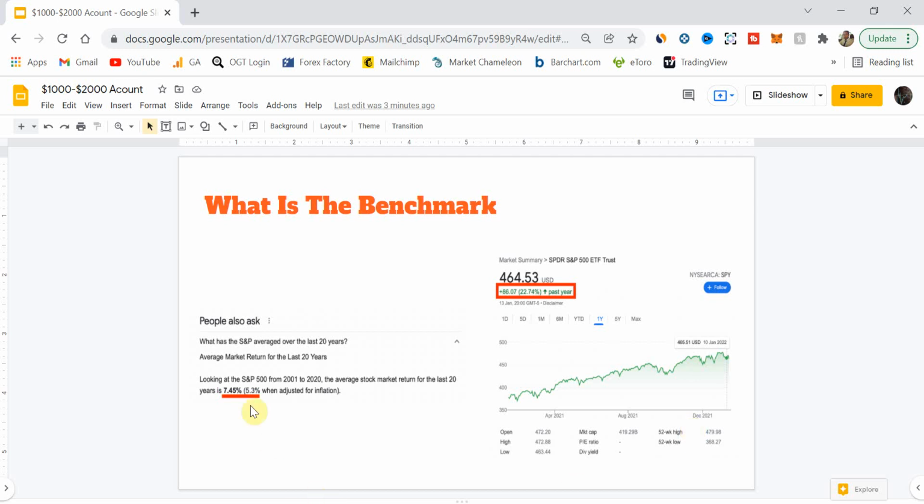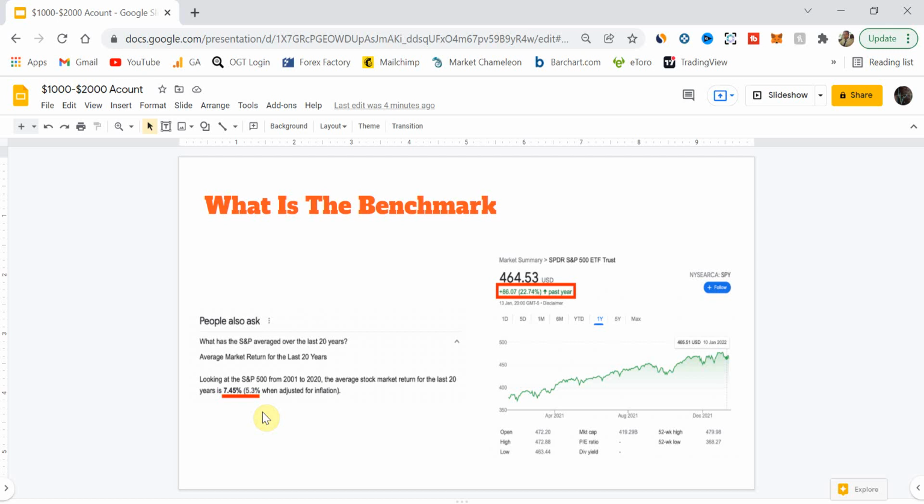Over the last 20 years, the S&P has returned 7.45% on average yearly, or 5.3% adjusted for inflation. So let's go with 7.5%, let's round it up there. Every year I could just park my money into the S&P 500 and get on with my life, and the expected return is annually compounded at 7.5%, which is great.